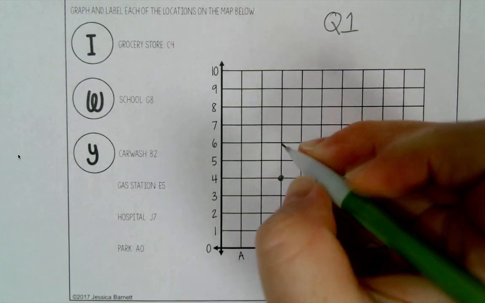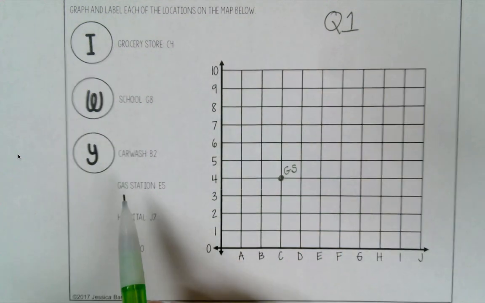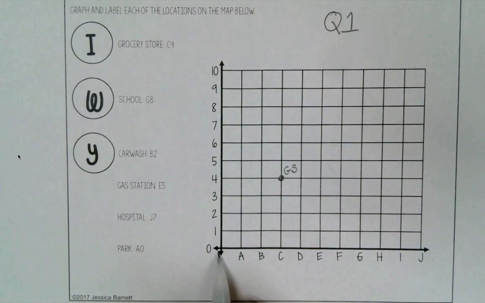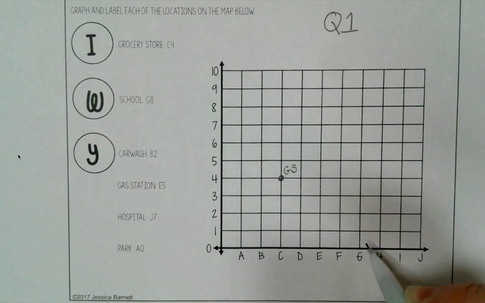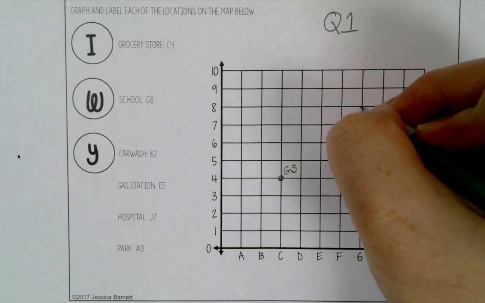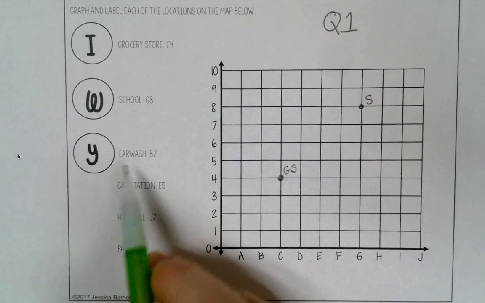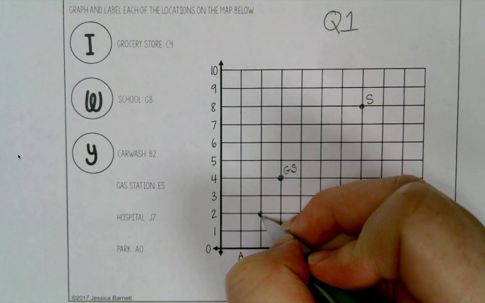And I'm going to put grocery store. School is G8. Start from your origin in the left-hand corner, go all the way to G, then go all the way to 8, and that's my school. Car wash is B2. Go over B, go up 2, car wash.